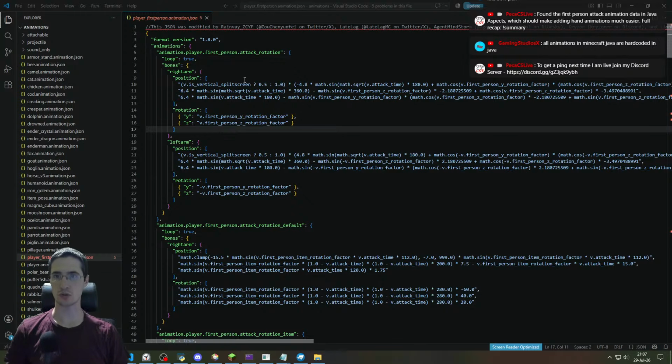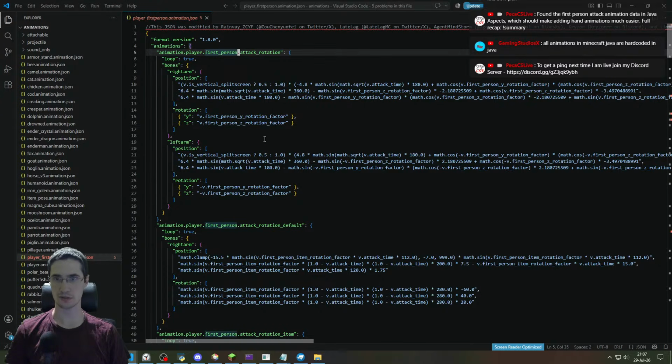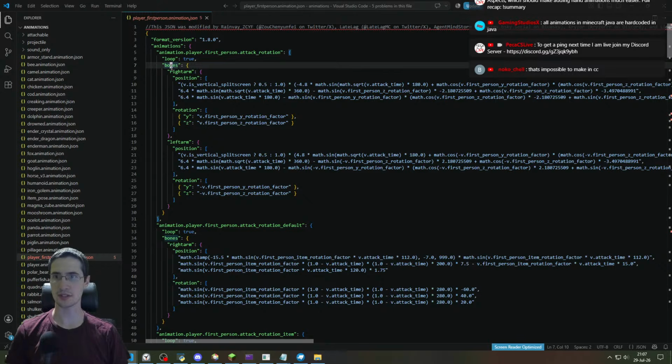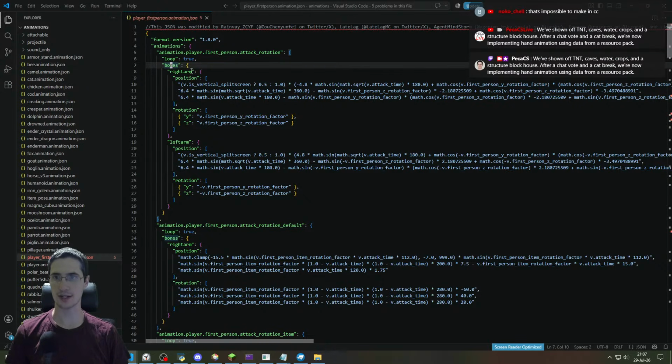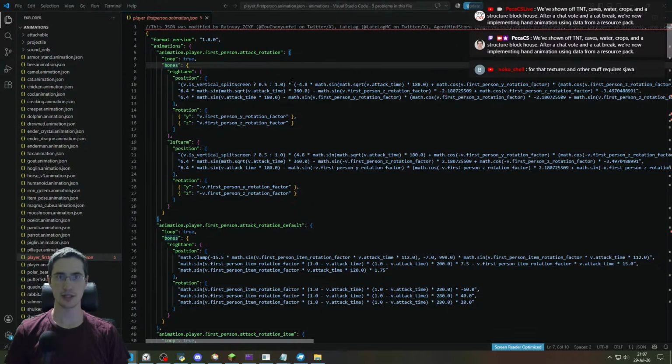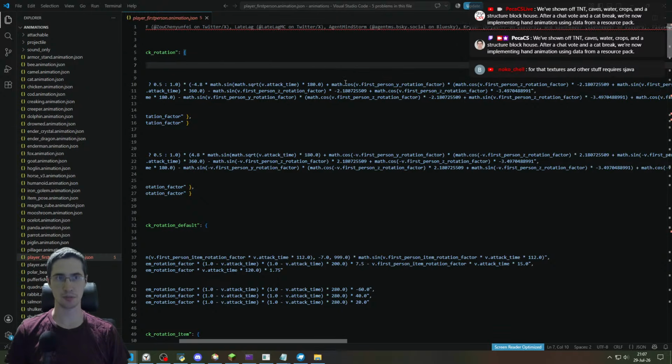How are we going to use it? Let's use the attack rotation, probably. There is attack rotation and attack rotation default. This is the right arm. Oh, there are bones here. We don't have bones. And why does it have a right arm and a left arm animation? That's interesting. And look at how they use math functions.